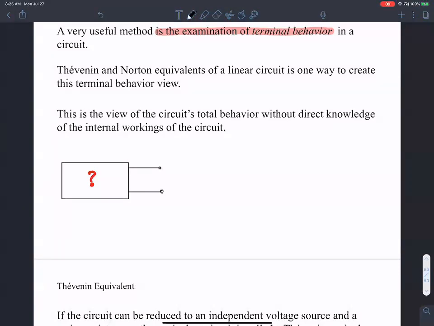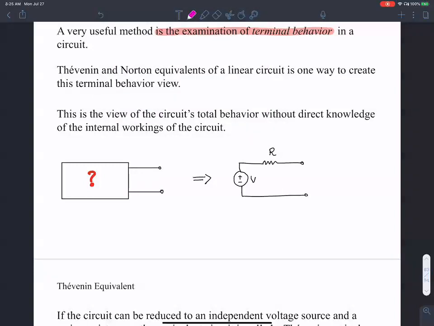All I care about is, can I represent this mystery circuit as one voltage source with a resistance in series? If I can express this mystery box as a voltage source with a series resistance, then I don't even have to know what's going on inside the box.